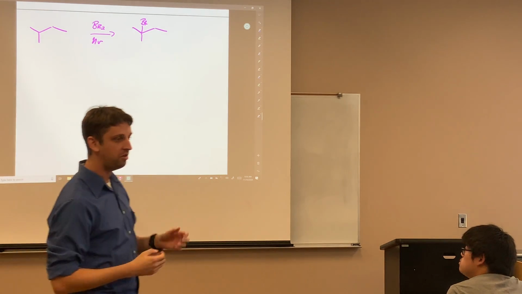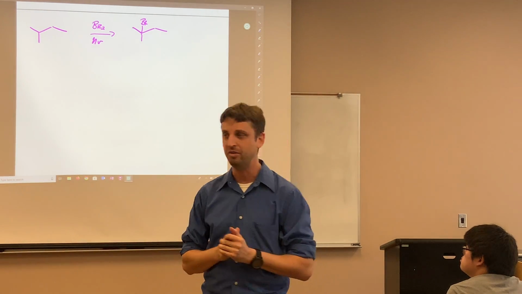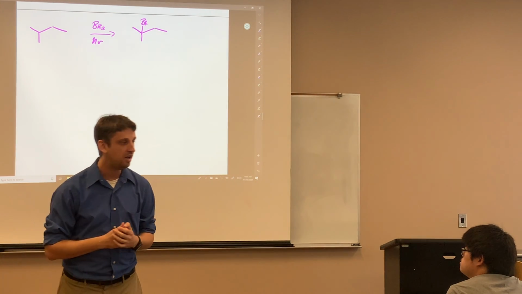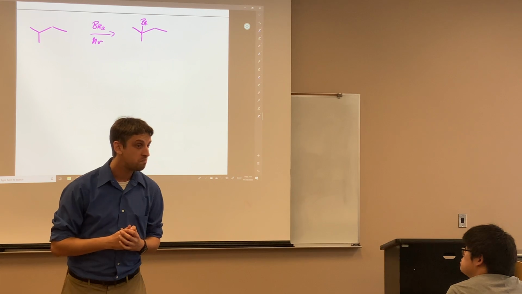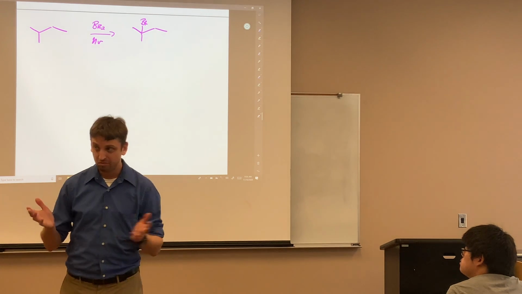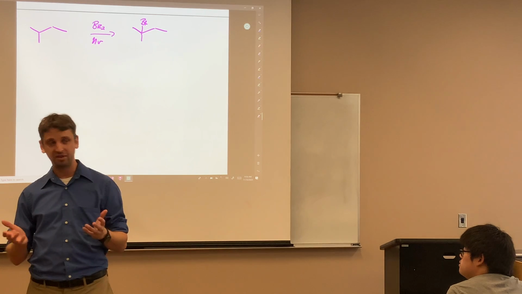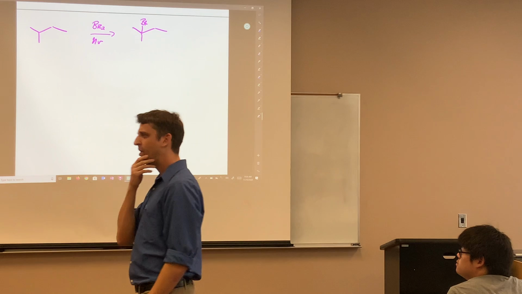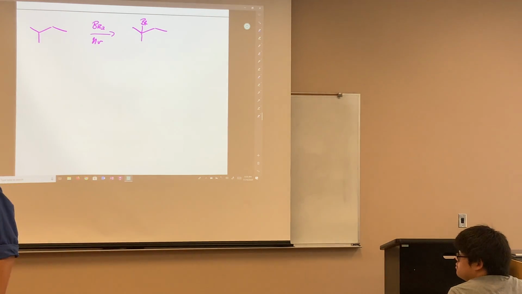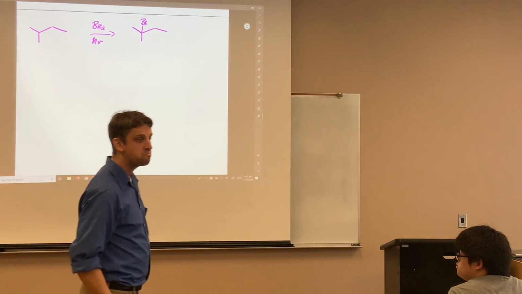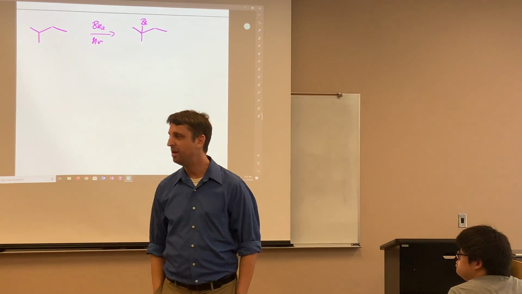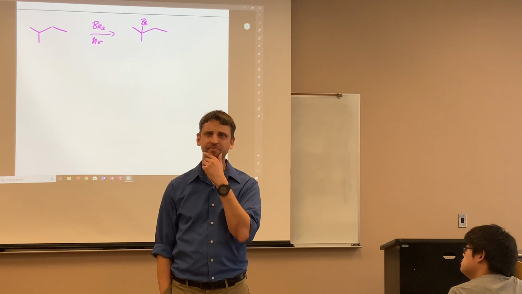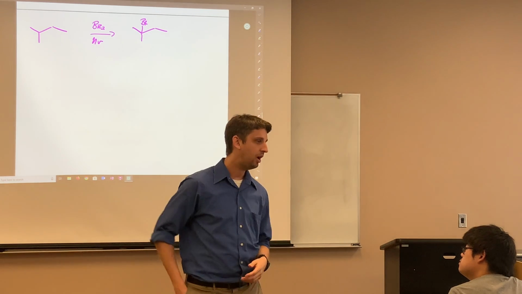So what does this tell you? What does this result here tell you? That the most stable intermediate is formed at the tertiary position, right? Oh, gee, where have we seen situations like that before? Where intermediates are most stable at the most substituted positions. Okay.